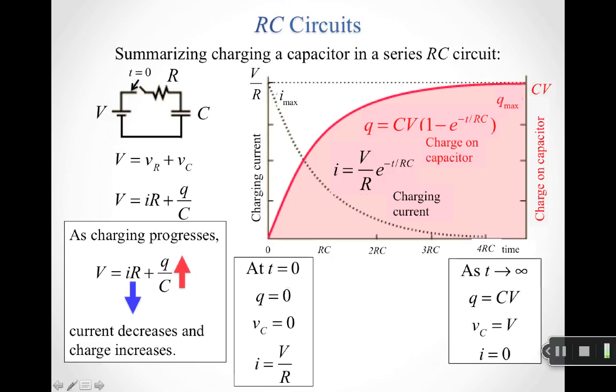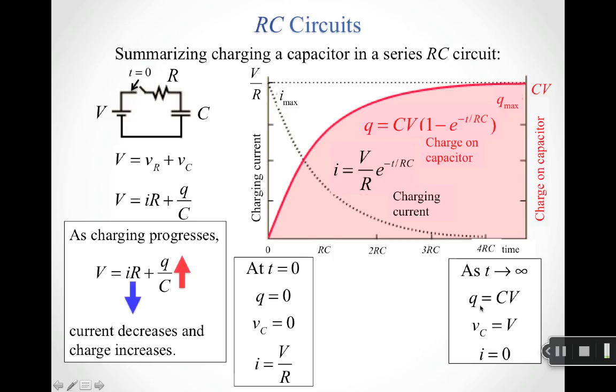Again, one of the things we'll pay attention to is what's going on at t equals 0 and what's going on as t becomes very large. At t equals 0, we have no charge on the capacitor, which means no voltage across the capacitor, and the current in the circuit is at its maximum value, given by the voltage of the battery divided by the resistance of the resistor.